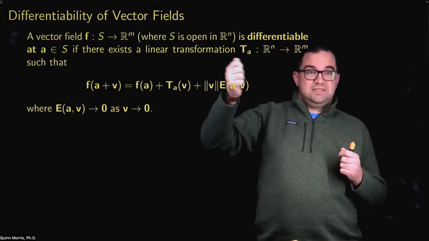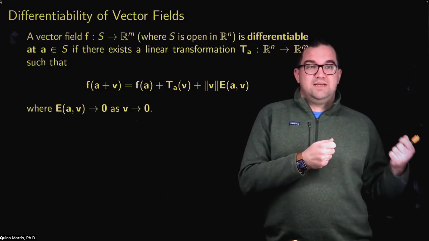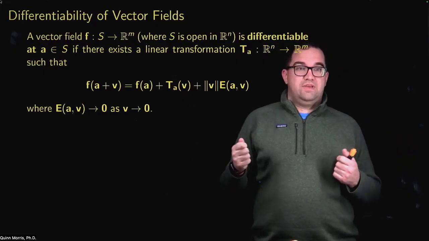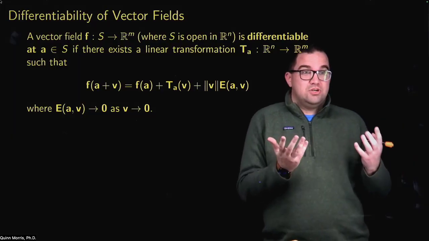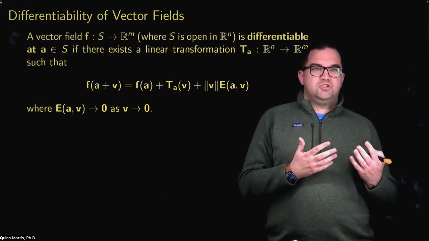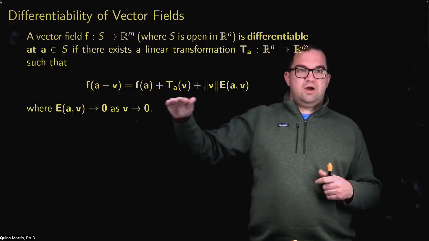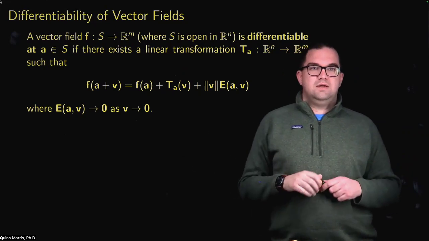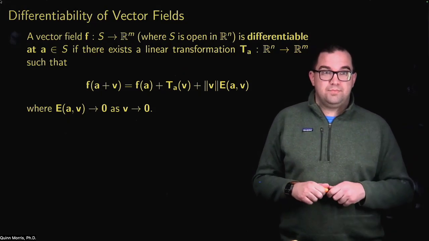So this linear transformation is a good first order approximation of this vector field. That's really what differentiability in general gets at: is there some nice first order approximation of this object? In this case, our linear transformation T sub a is that first order approximation.